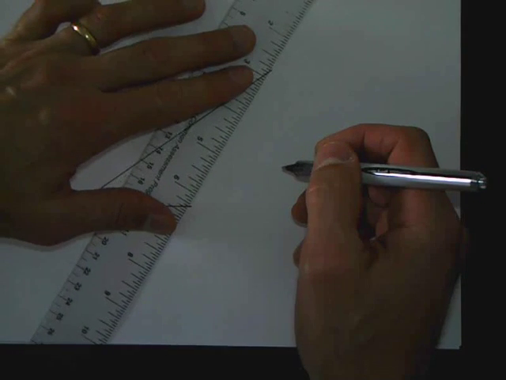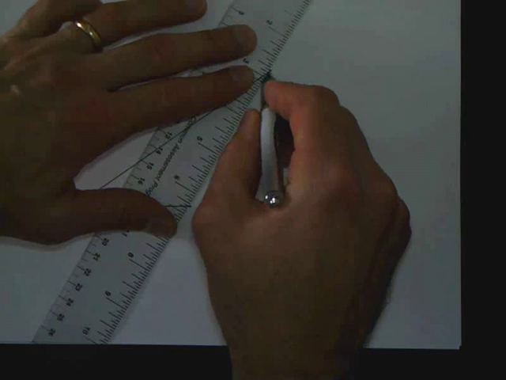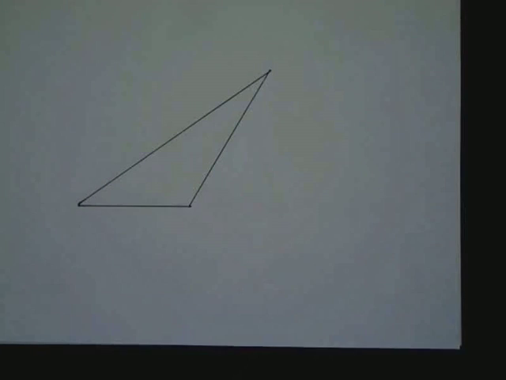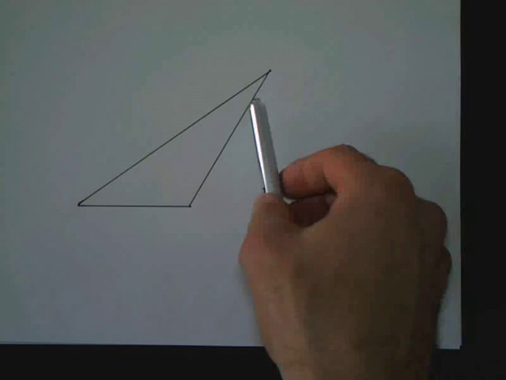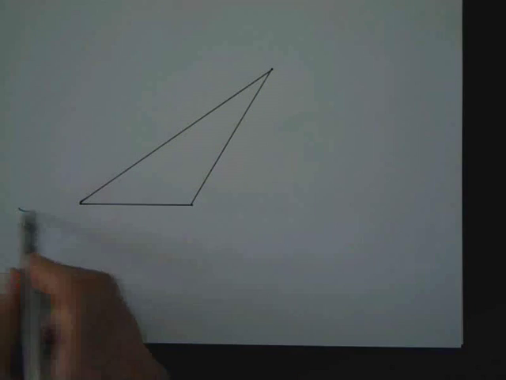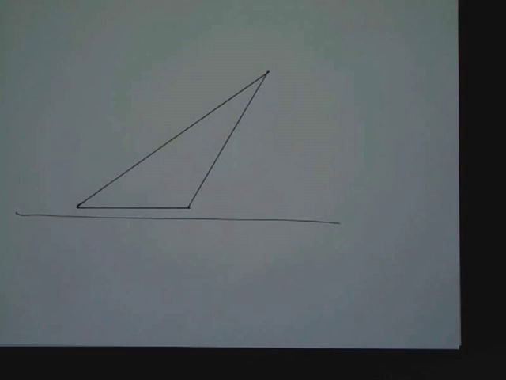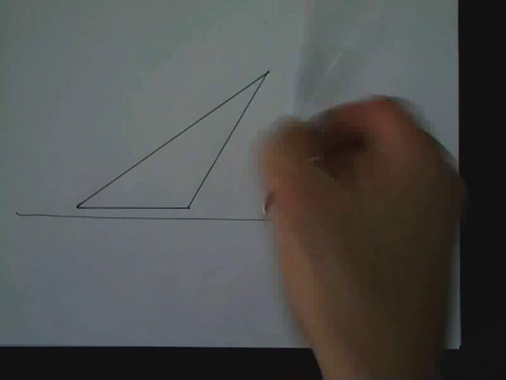For example, now, what's the altitude? So, again, imagine this is a real mountain. Could you extend the ground? You extend the base. Could you just draw straight down? Yeah, you've got to draw straight down, but where's the ground?